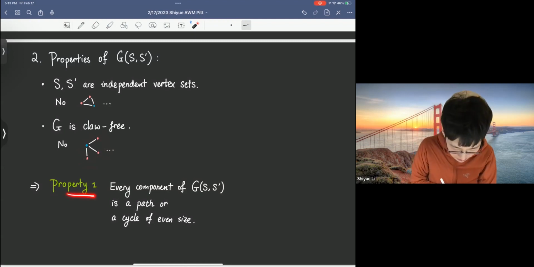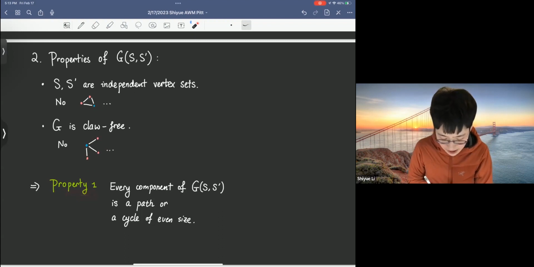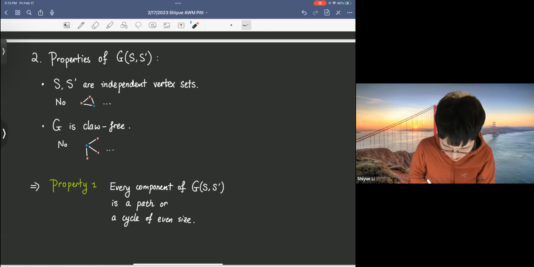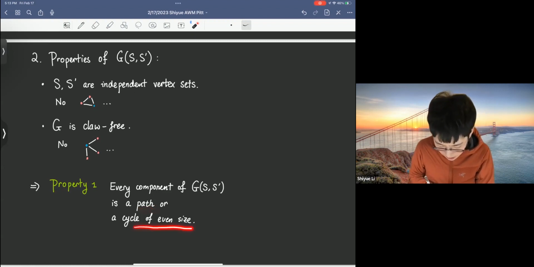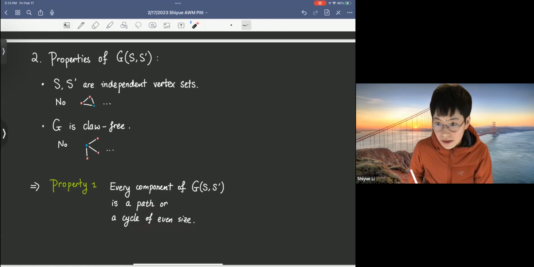So one major property is that every component in this graph induced by the symmetric difference of these two sets has to be either a path or a cycle of even size.